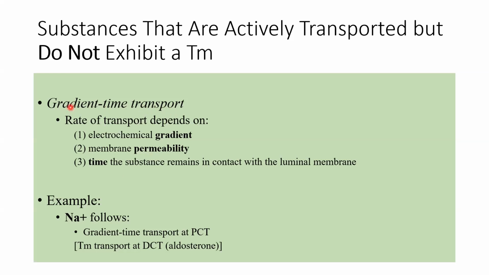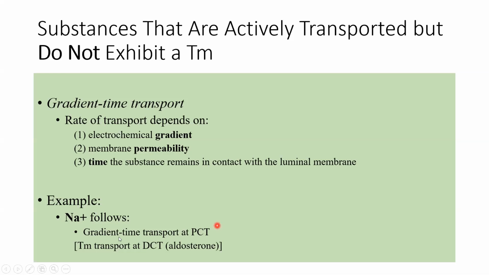So these are two transports now. Gradient-time transport does not follow any limitation based on proteins or any component of its transport, while the transport maximum kind of transport is obviously limited by the amount of transport proteins available.